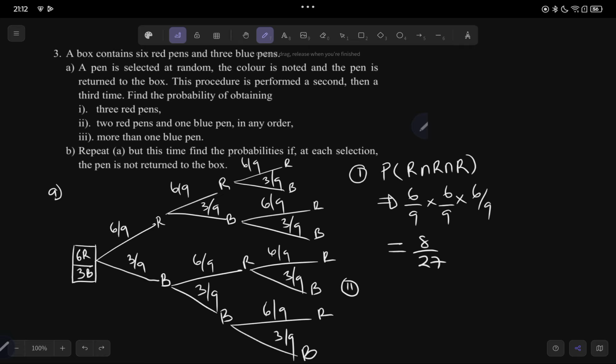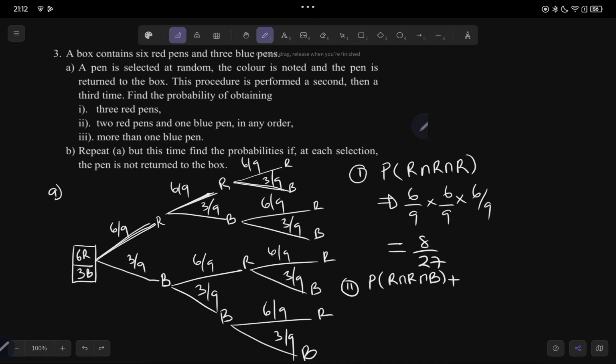Roman numeral 2, 2 red pens and 1 blue pen. Still, we can follow the order. We can pick red first, because we want 2 red and 1 blue, and pick red again, then blue. Red, red, and then blue. There, I picked 2 red and 1 blue.